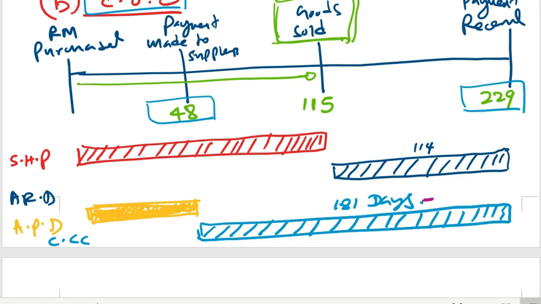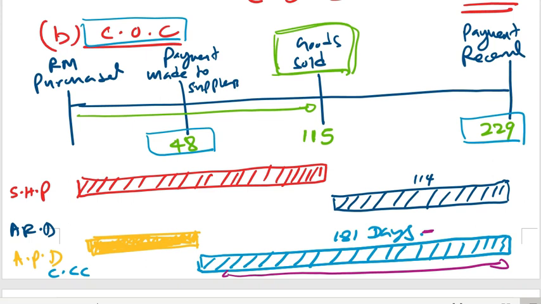So what action a company can take to lower the cash conversion cycle? So in order to shorten this cash conversion cycle, the company can speed up the collection process. So here it takes 114 days to collect the cash. So therefore they have to speed up the collection process.